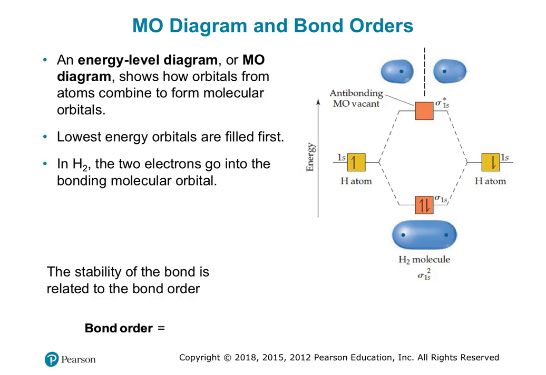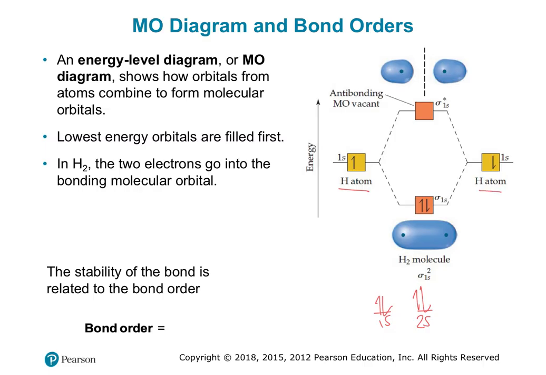Now we draw an energy level diagram, just like we had an orbital diagram before, where we had 1s and 2s. But now we're going to combine atoms together. You take your atomic orbitals to each side, 1 atom on the left, 1 on the right.